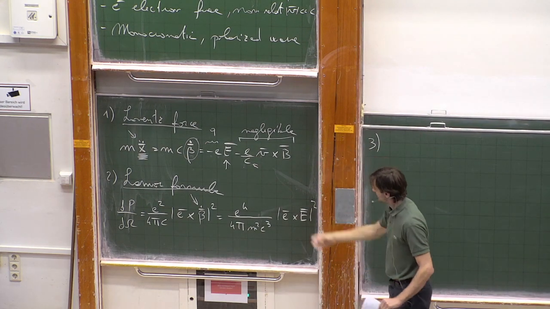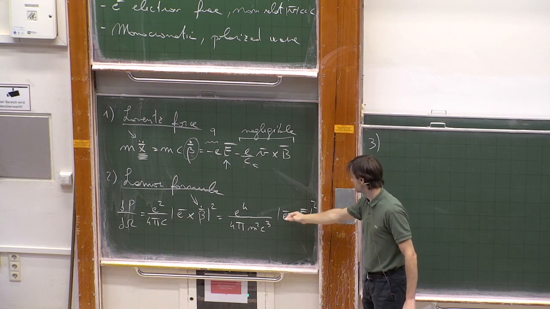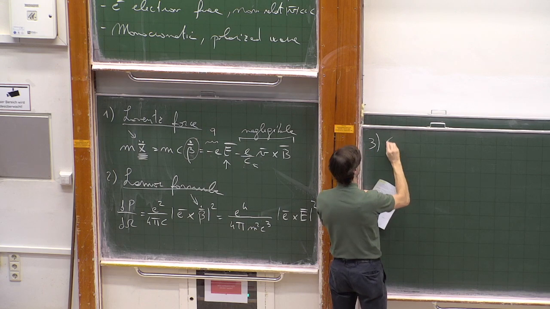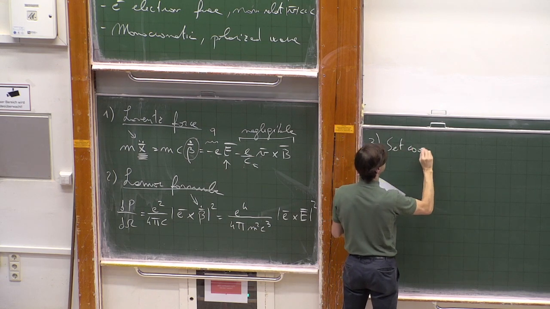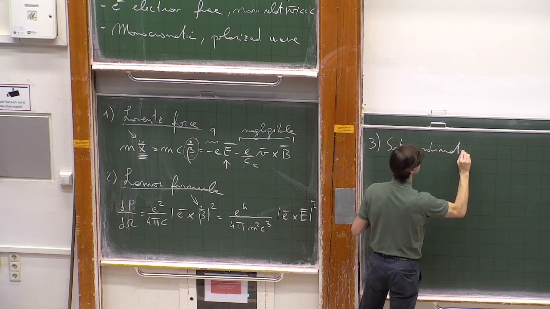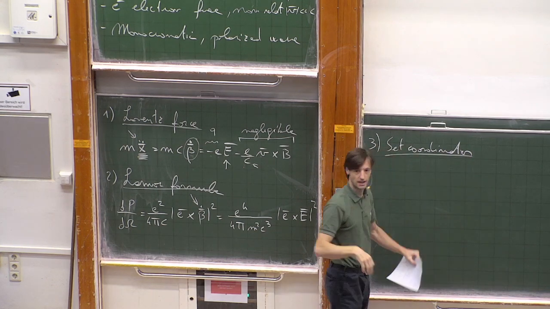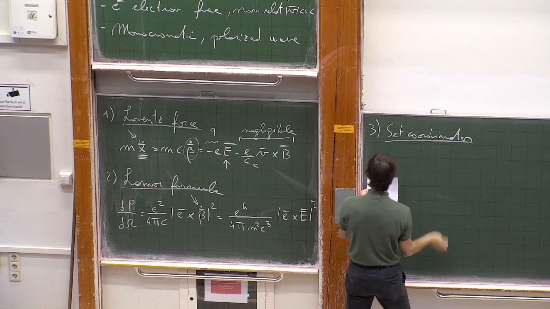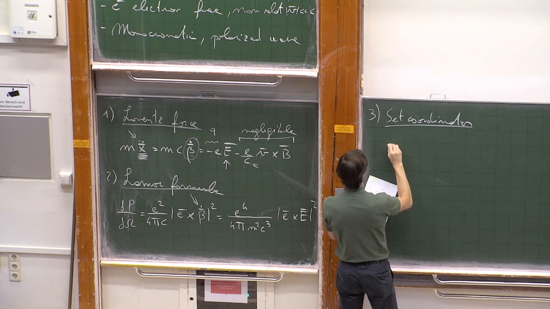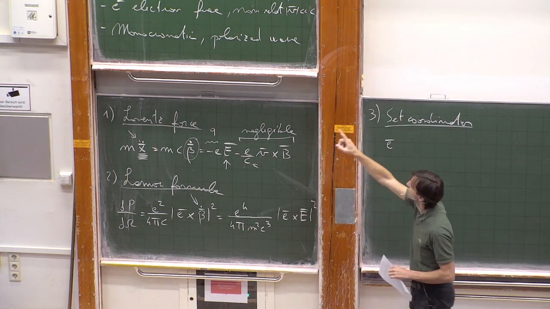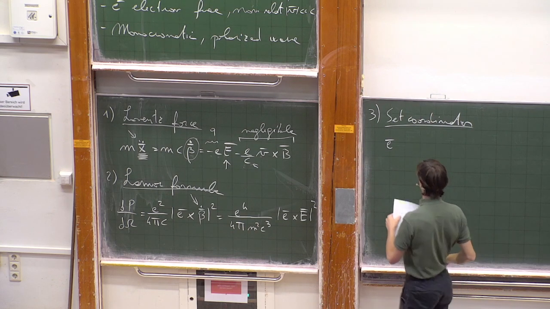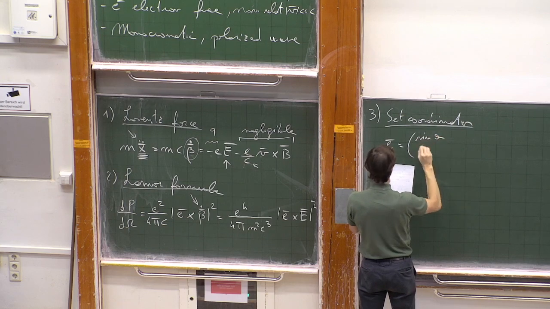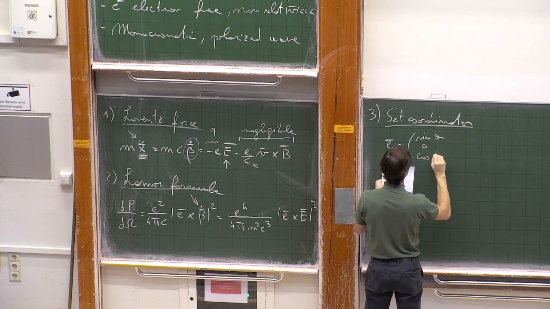Now, if we want to have something more explicit than that, we have this cross product, a bit annoying, so we can set the coordinates such that we can have a better, more explicit expression. So for n, the direction of propagation of our wave, that's going to be equal to sine theta, 0, cosine theta.